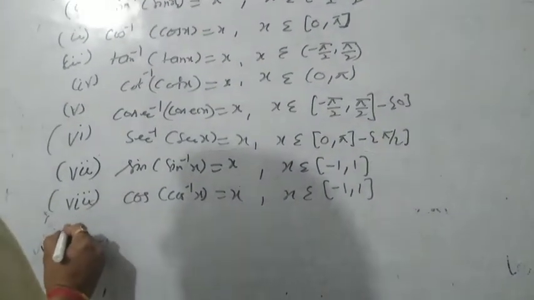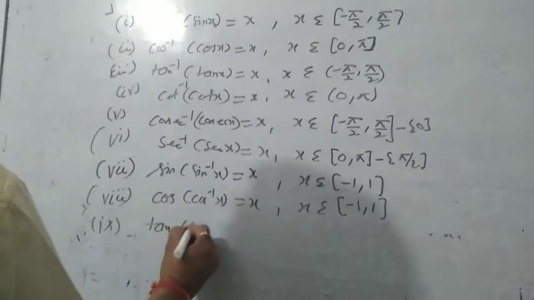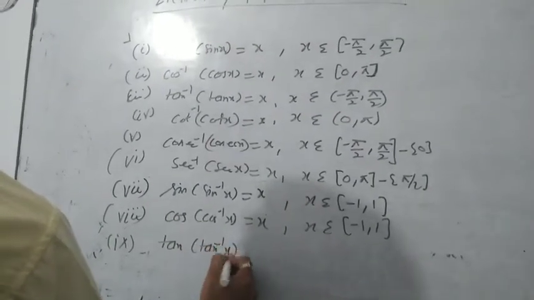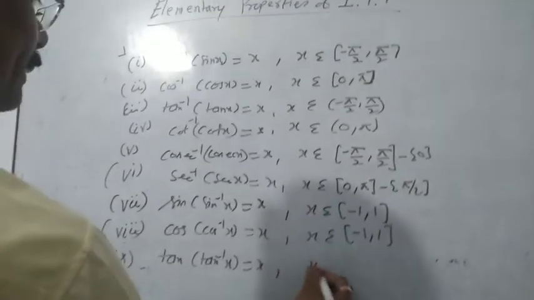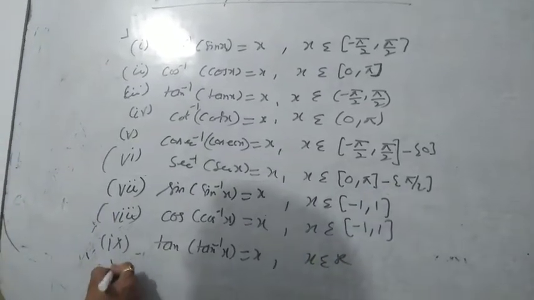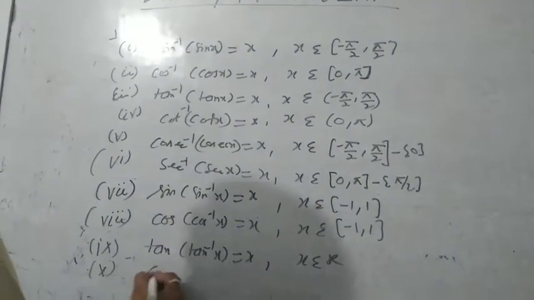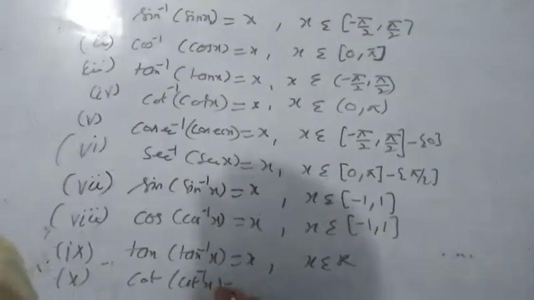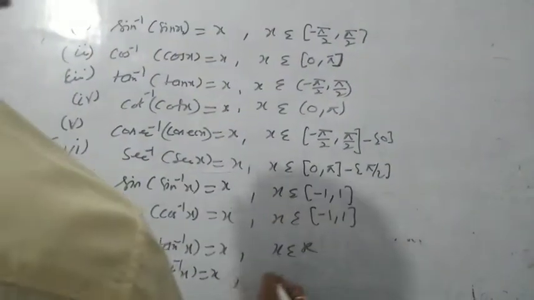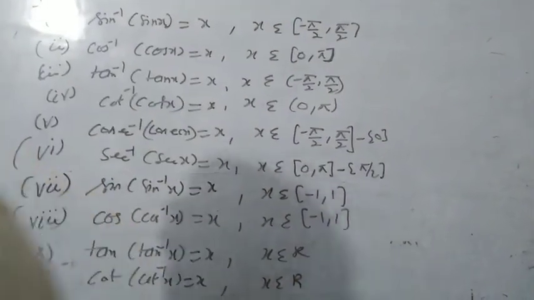Next one is tan of tan inverse x is equal to x, where x is an element of real numbers. Next, cot of cot inverse x is equal to x, where x is also an element of real numbers.